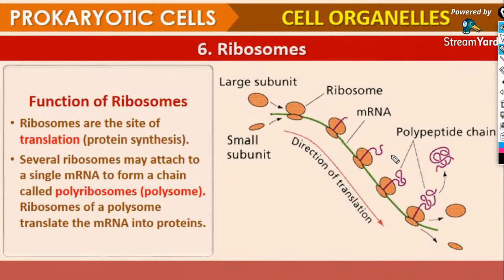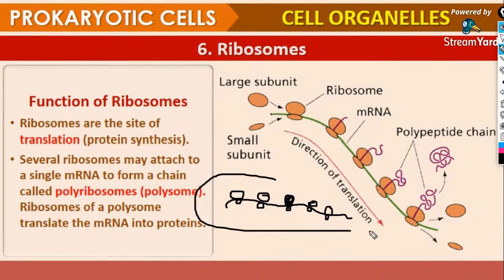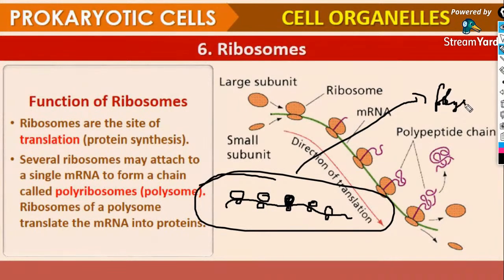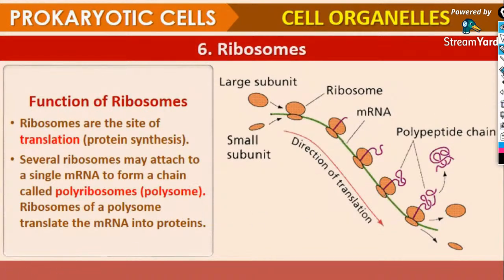Just learn it this way: mRNA is a single strand of RNA, and on that several ribosomes get attached, as you have seen in this figure. Several ribosomes get attached to that strand, and that entire structure is known as a polysome. Ribosomes of a polysome translate mRNA into protein.